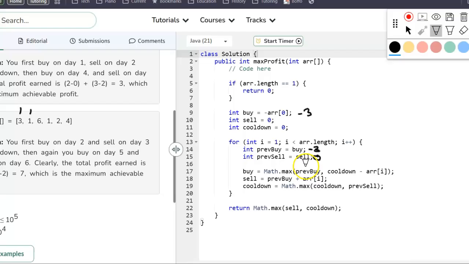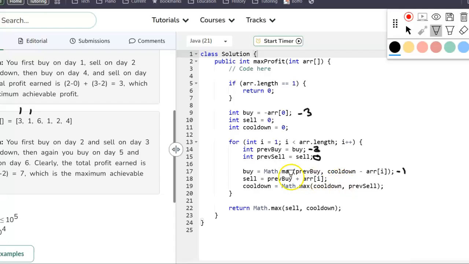So the buy essentially is you can hold at your previous buy, or you can buy after a cooldown. Previous buy is -3. Cooldown minus array at 1, that is 1. So actually, the best thing we can do here is buy on the second day. It's better than buying on the first day.